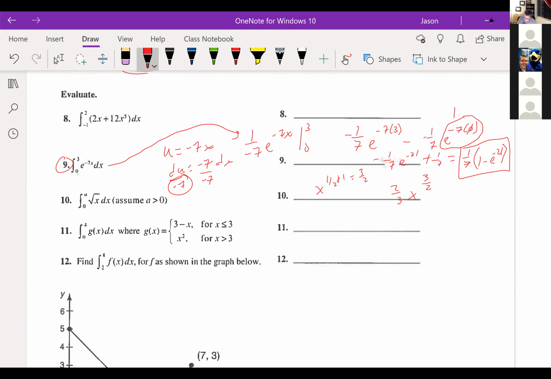Okay, and then evaluate from 0 to a. So a is just going to get replaced in there, and 0 as well. So this is 2/3 a to the 3/2 minus 2/3 times 0 to the 3/2. This whole thing is going to go to 0. And so it's just 2/3 a to the 3/2 is my answer there.